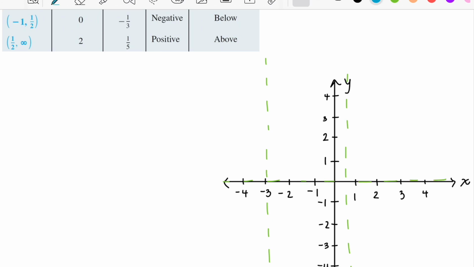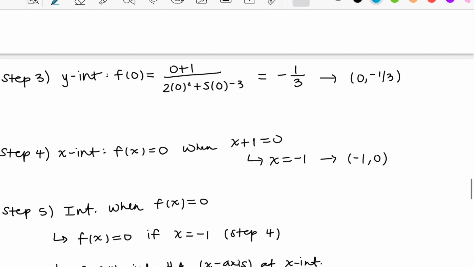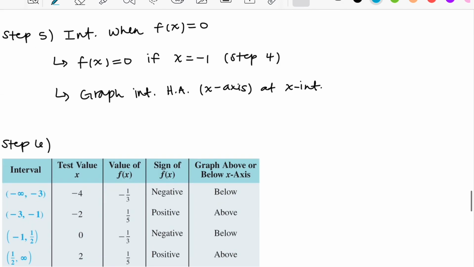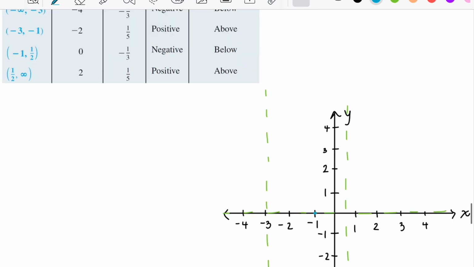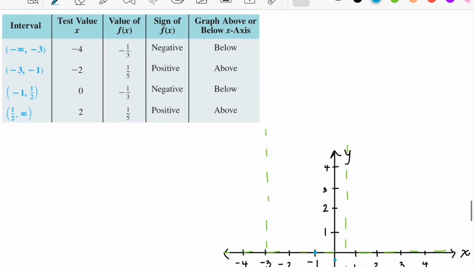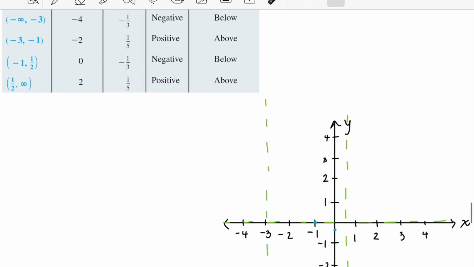We also know that we're going to have an x-intercept at (-1, 0), and our y-intercept at (0, -1/3). So right about there. Now we're going to use the information in this graph here to sketch our graph.